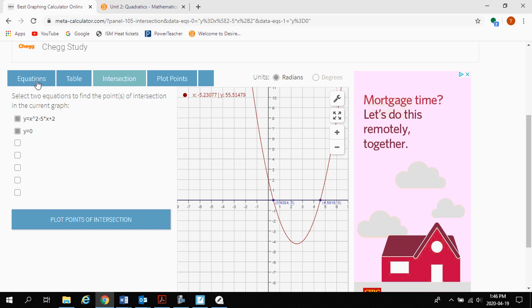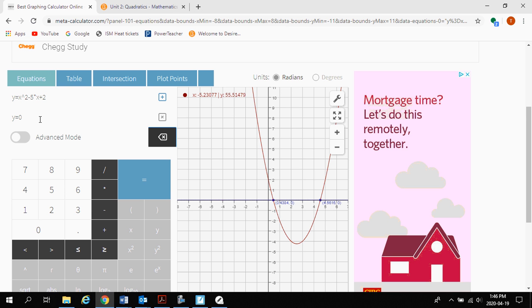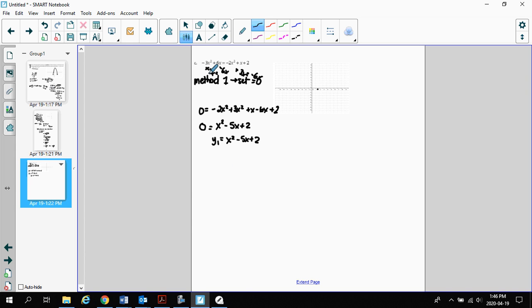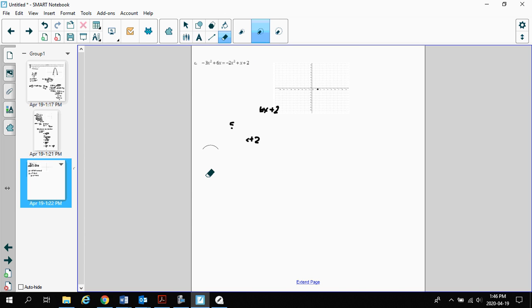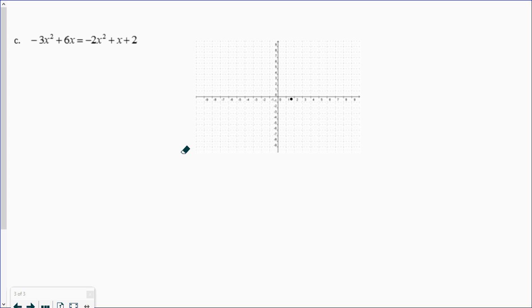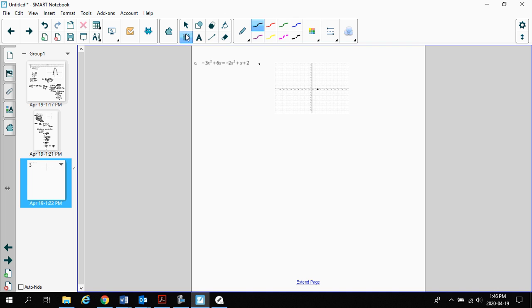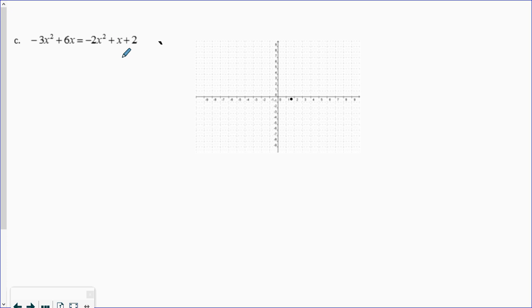I'm going to show you the other way as well. So where we put our left-hand side and our right-hand side. Hopefully you have down what you need here. I'm going to show you the way that we can put it in the other way. I'm going to put this into y1 and this into y2.